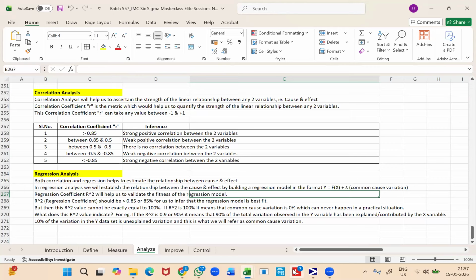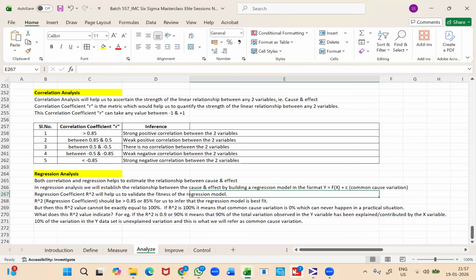There is a metric, right, which would help us to validate whether the regression equation or the regression model is a best fit. And that metric is called the regression coefficient. Just like correlation coefficient, we have regression coefficient, which would help us to understand whether the regression model or the regression equation is a best fit.